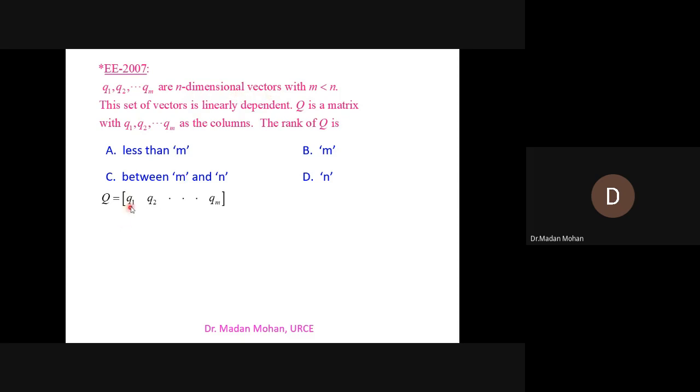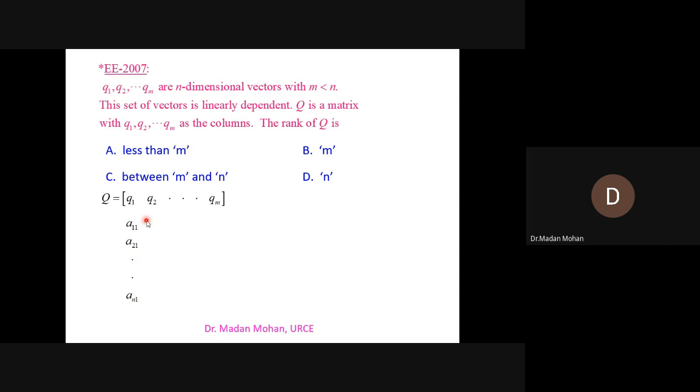That means this Q1 contains n numbers. For example, A11, A21, up to An1. This Q1 contains these n numbers. N rows you have, because Q1 is an n-dimensional vector.